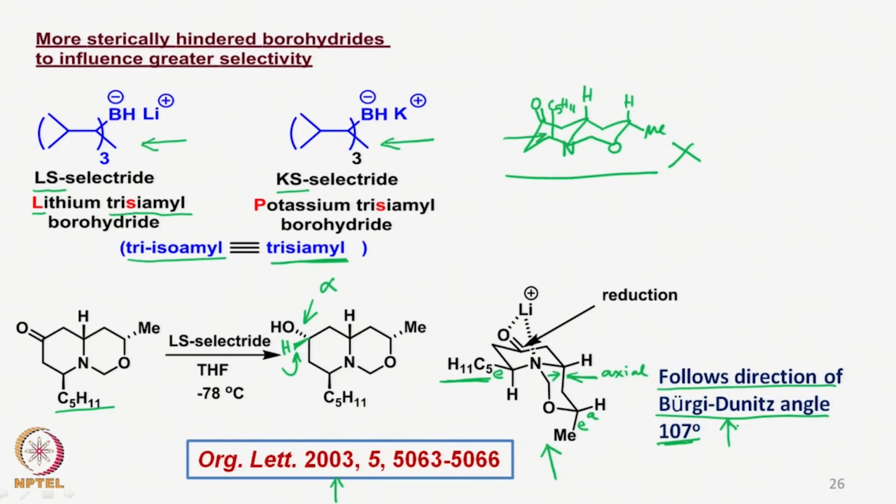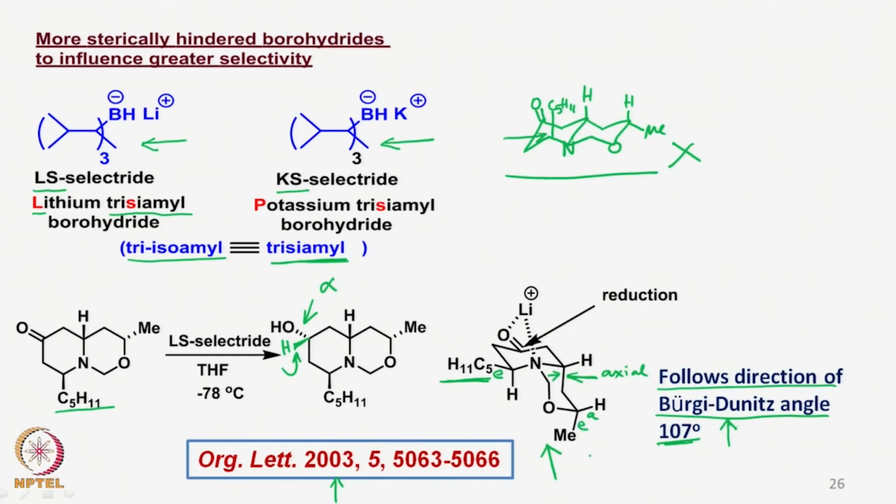So in any case the reduction has occurred in a highly diastereoselective fashion, mainly because of the very large bulky groups which are present on this LS-Selectride.